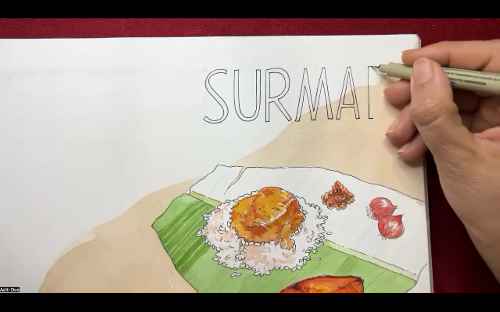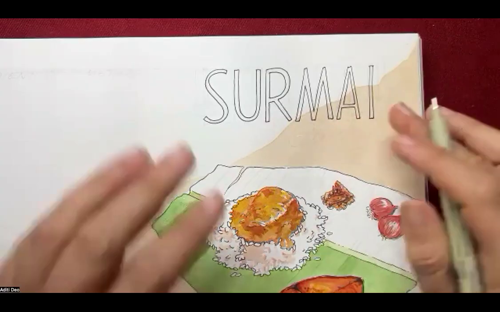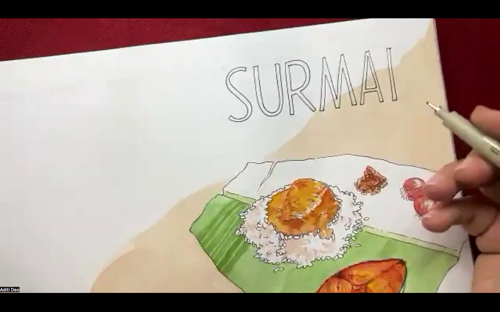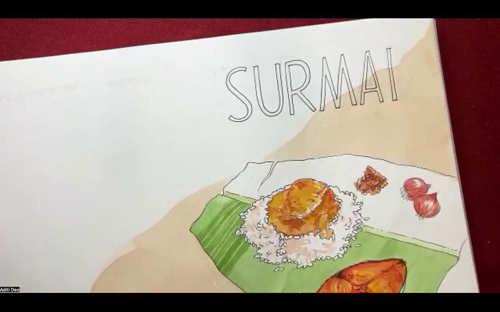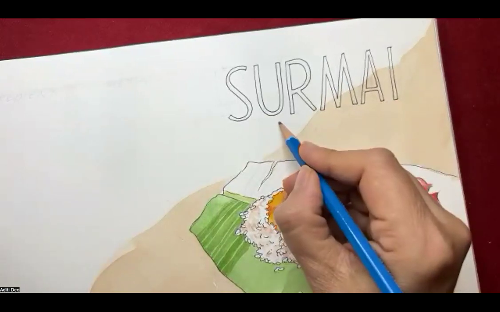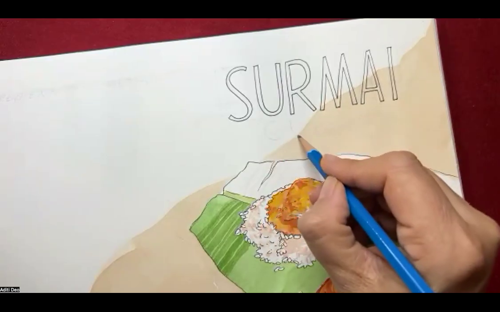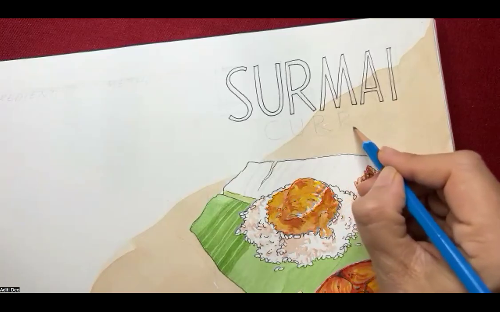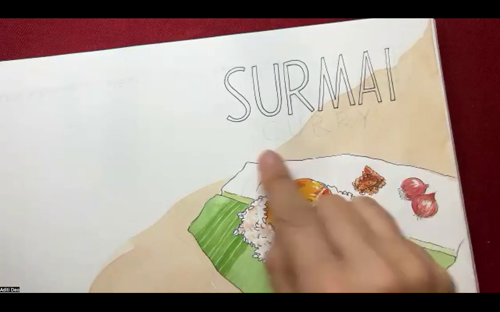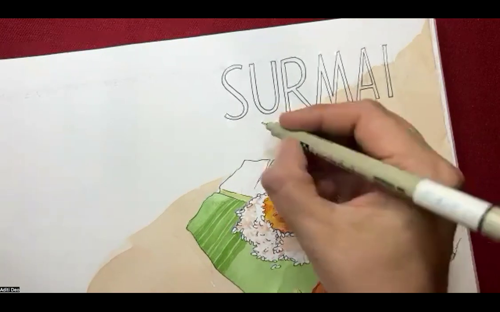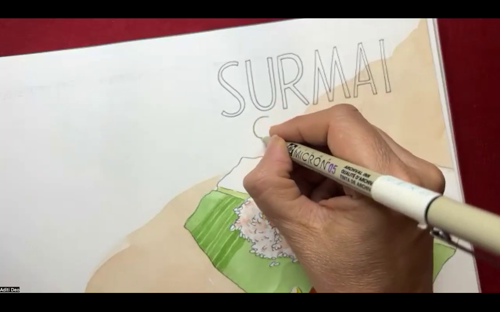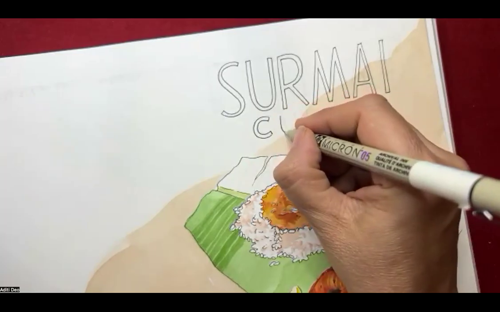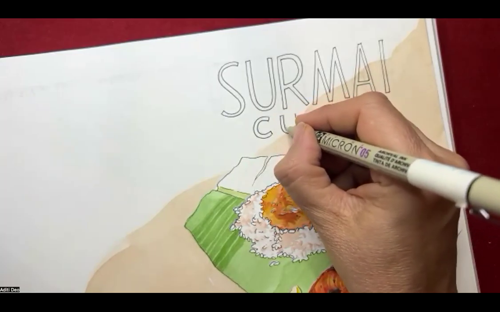So you just need to keep the top and bottom parts in line. And if you feel that writing in cursive is not working for you, you can just write the word curry in the same form, but maybe center it like that, leaving enough space from both sides, and do the same thing, a double line on both sides of the letter.